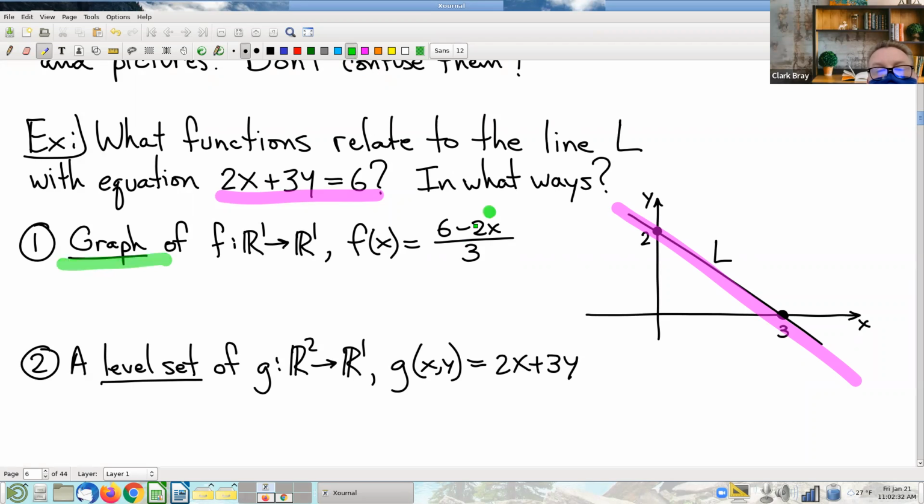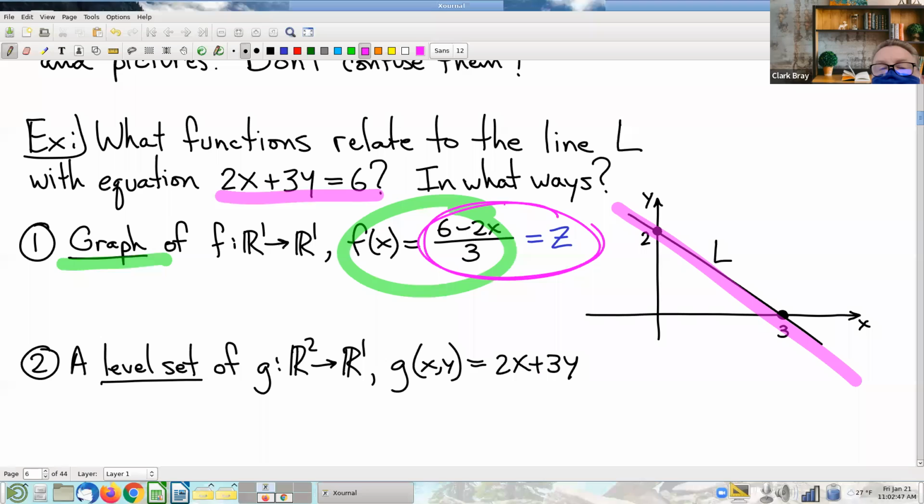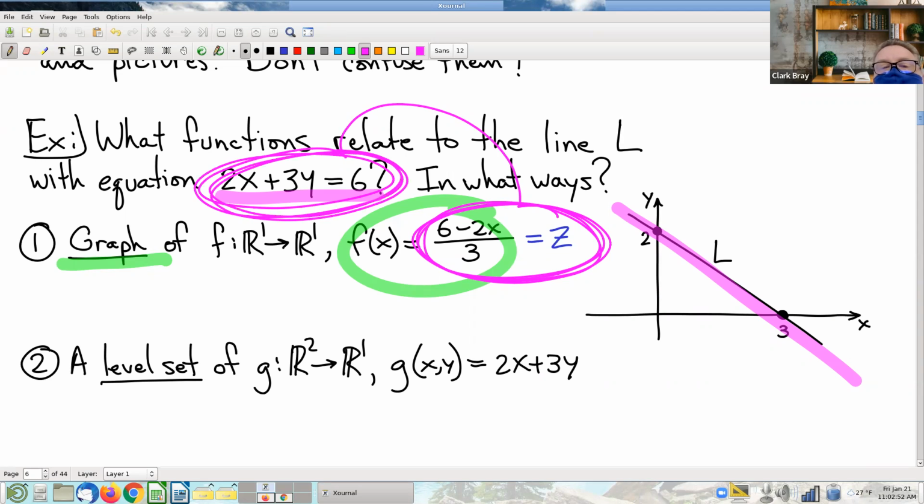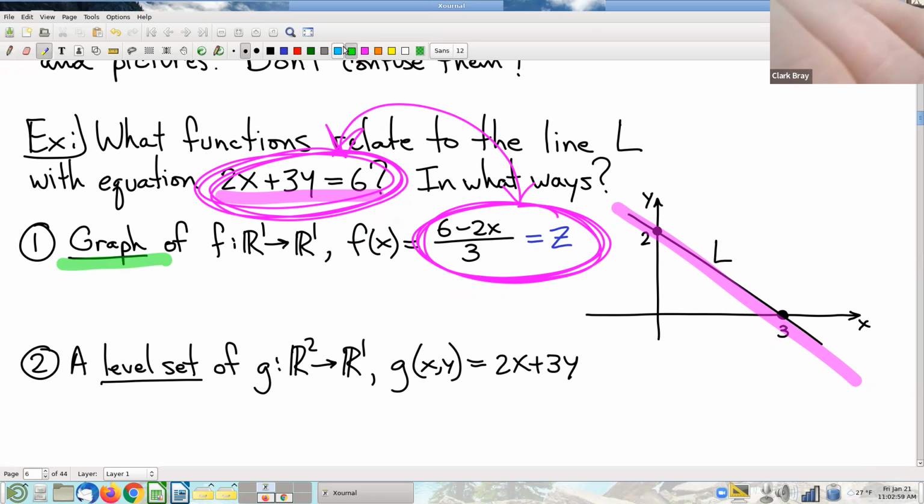This is the graph of that function, because if you set this function equal to z, then you get an equation that I think you can persuade yourself is equivalent to that equation, namely you get the same thing. So this function, its graph is that curve.